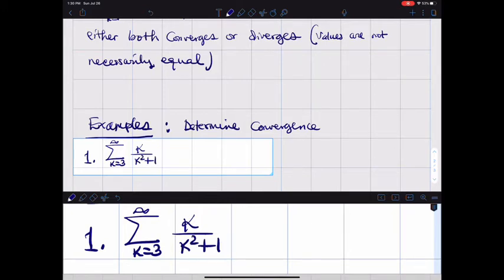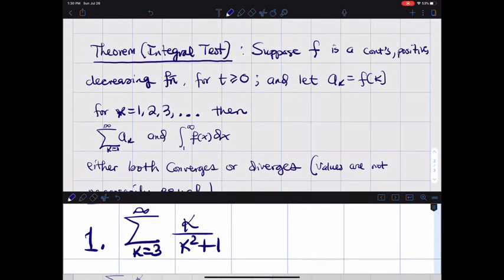Does this series diverge? Does it converge? Okay. All right. So the integral test says, suppose f is a continuous positive decreasing function for t greater than or equal to 0, and let ak be equal to f of k.